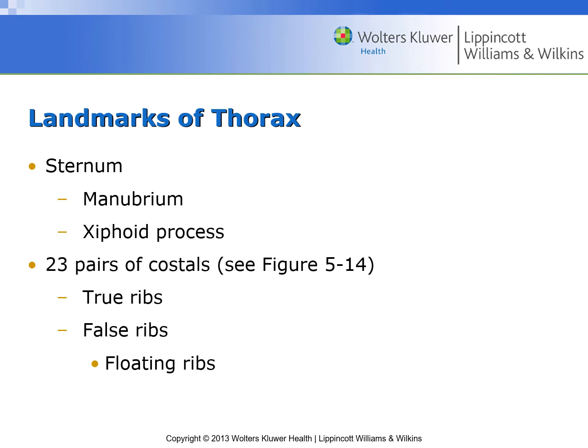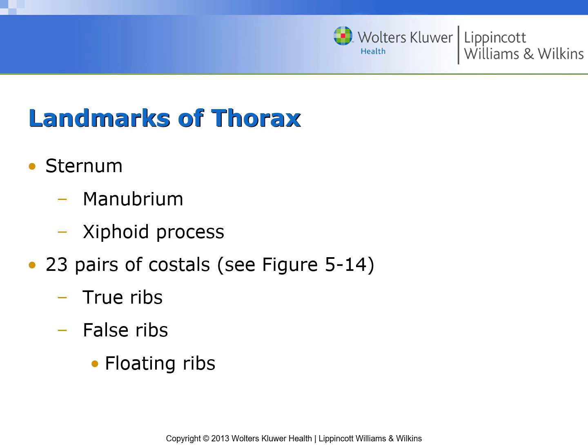Now let's consider the landmarks of the thorax. We have the sternum, of which we have the manubrium and the xiphoid process, and we also have the 12 pairs of costals. We have ribs 1 through 7, which are considered to be the true ribs because they connect directly to the sternum.